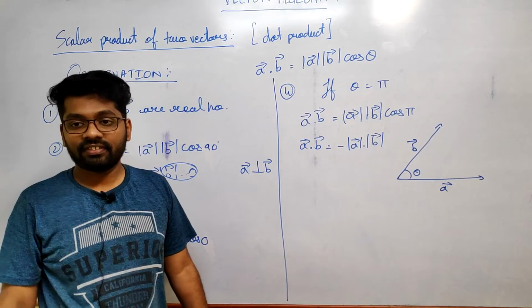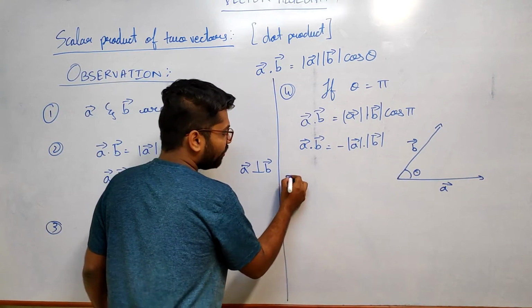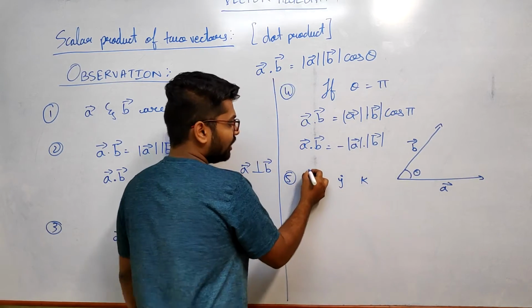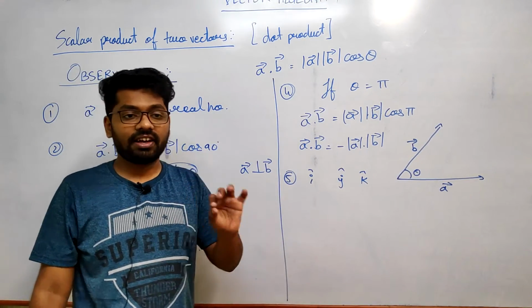Understood till here? Now from this observation, what is i, j and k? These are the unit vectors along the axes x, y and z.